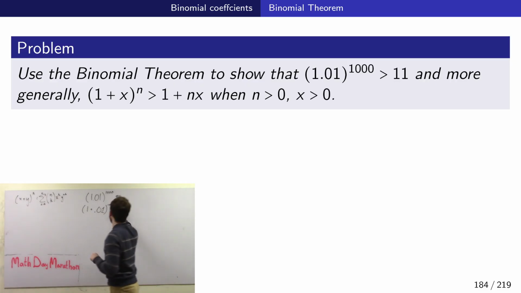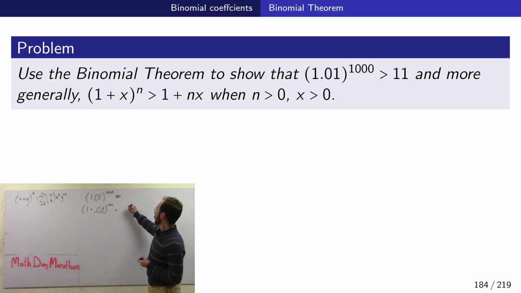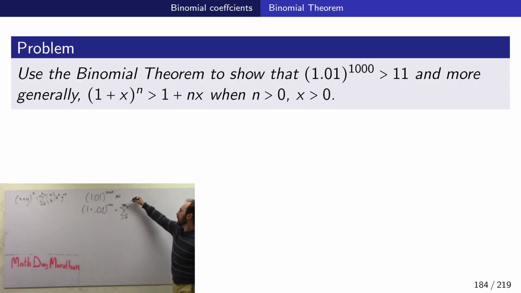Well, this is equal to the sum going from 0 all the way to 1,000, of 1,000 choose k, times 1 to the k, and then 0.01 to the n minus k.